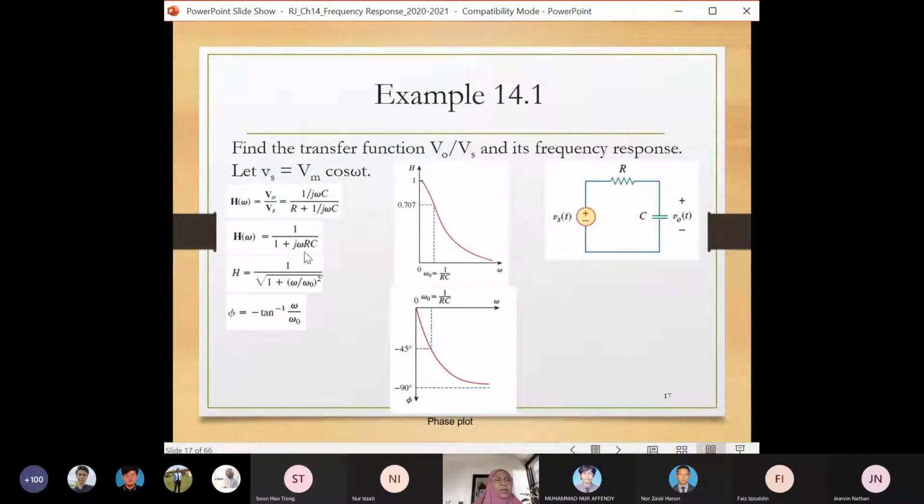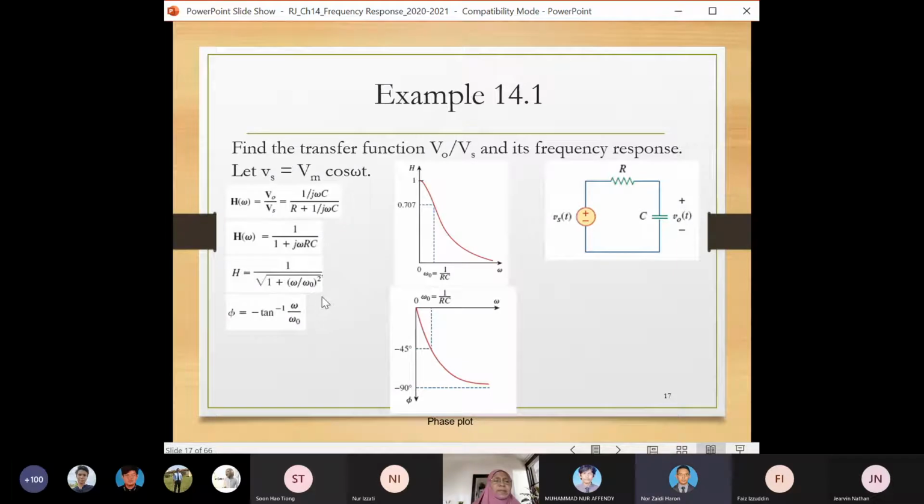When you have 1 plus j omega, the magnitude is taken as 1 over the square root of 1 plus (omega over omega naught) squared. That is the value.